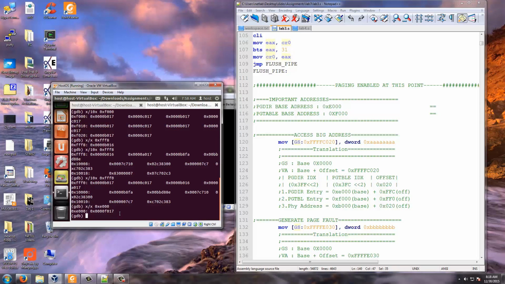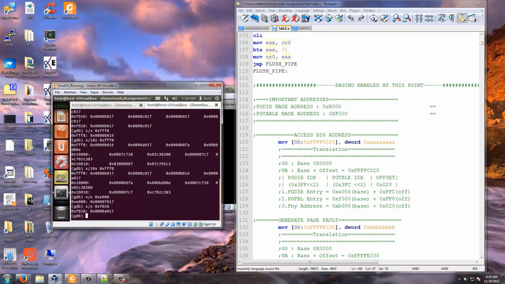A in hexadecimal is 10. And each entry is 4 bytes, so I have to go 40 bytes into this. What is 40? 40 is 28 in hexadecimal, since 2 times 16 is 32 plus 8. So I'm going into the page table, which is at F1000, and going to the 28th entry.